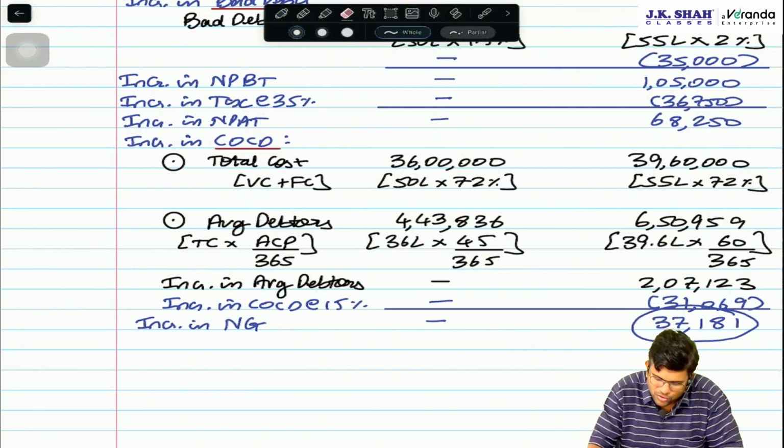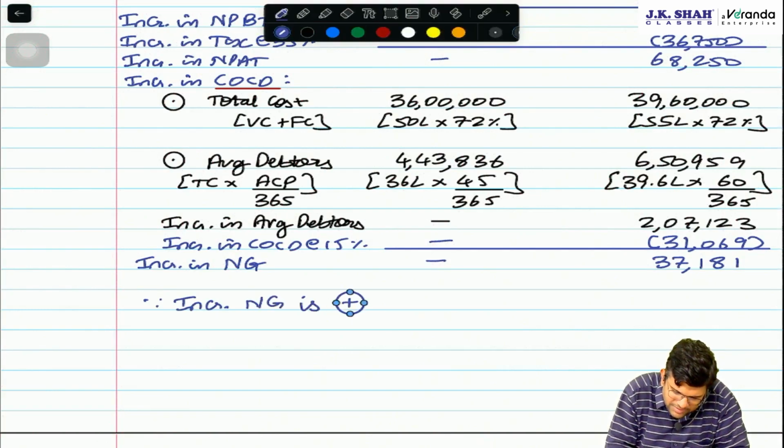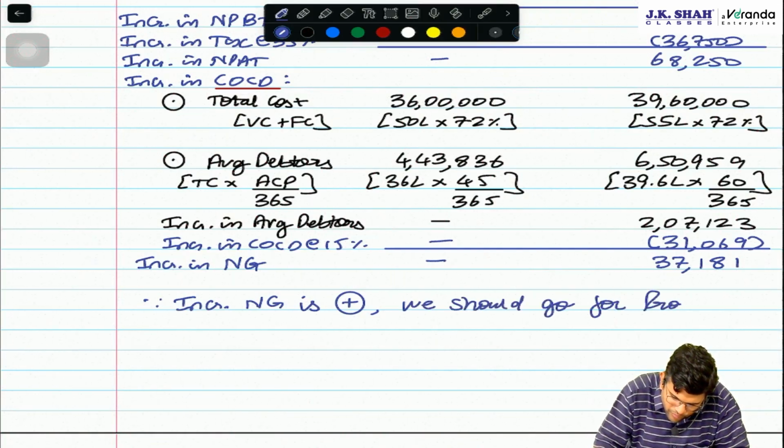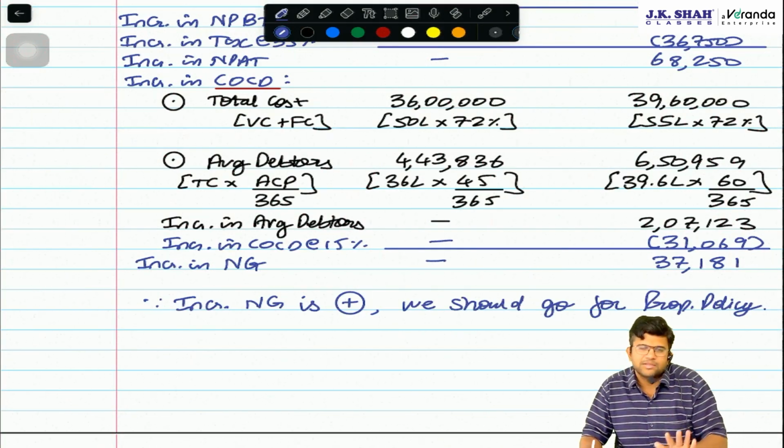Everybody clear? So since the increase in net gain is positive, we should go for proposed policy, because extra money we are getting, no? That is how you do incremental.